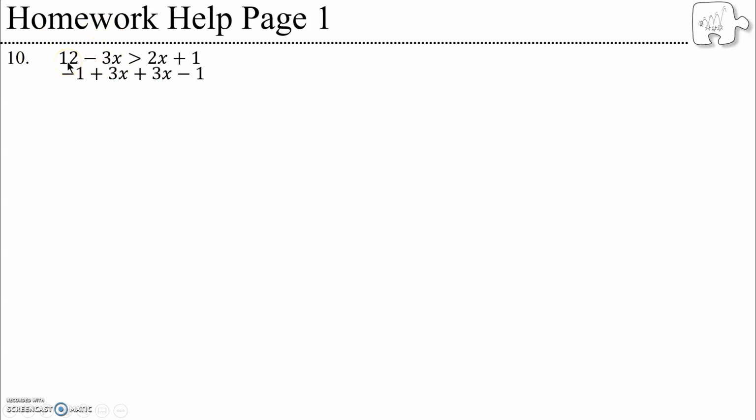We want to cancel out the 3x, and since we cancel out the 3x, we want to cancel out the 1's over here. Cancel out something from the left, cancel out something from the right, and you'll be left with a simple equation. Here, 2x and 3x makes 5x, 12 and negative 1 makes 11.